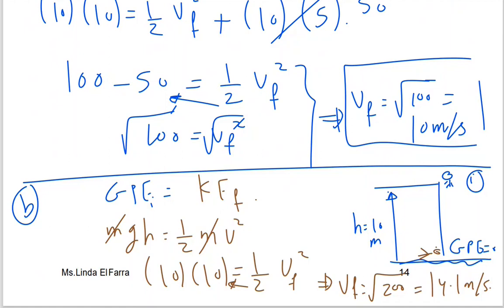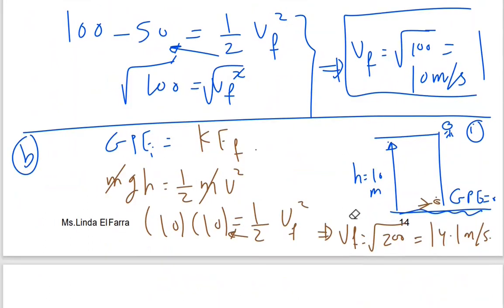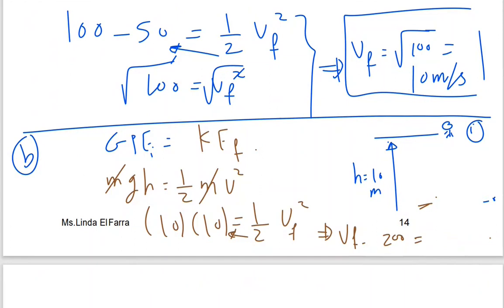Okay. Now the last section. Let me just erase these, and then we'll do the last section.